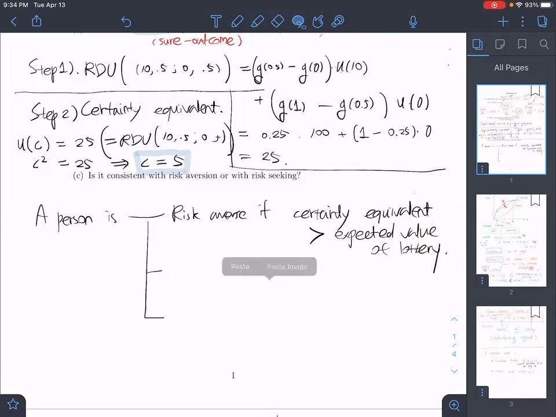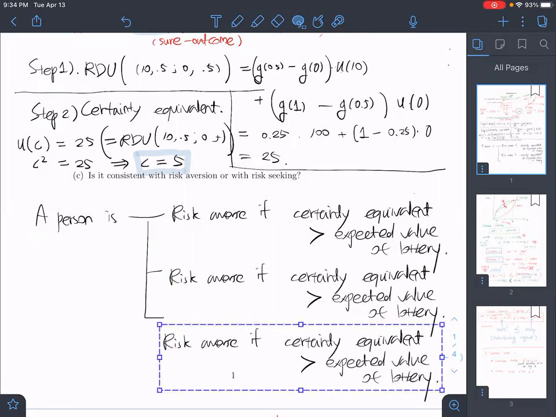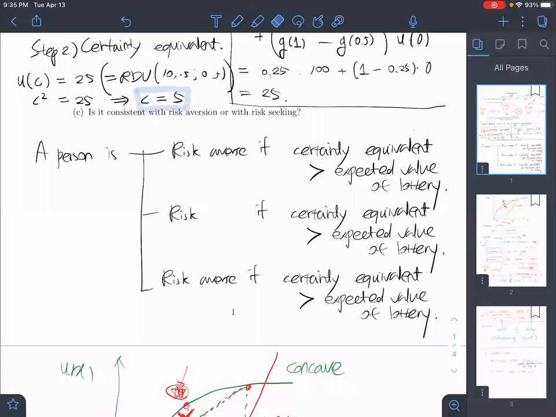Let me copy and paste this 3 times. Risk neutral, if this is the same. If I flip this here, then risk seeking. Also the same as risk loving; risk loving and risk seeking are the same.